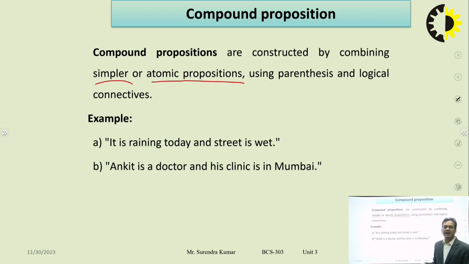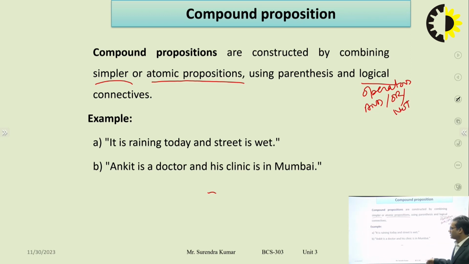More than one atomic proposition can be combined with the help of some connectives, that is called logical connectives. I will discuss logical connectives in the next slides. Generally you can understand them here as some operators, like and, or, not. These are basic operators, right?